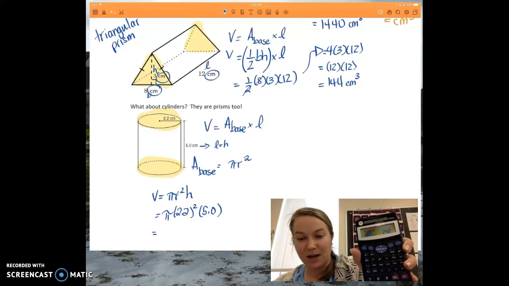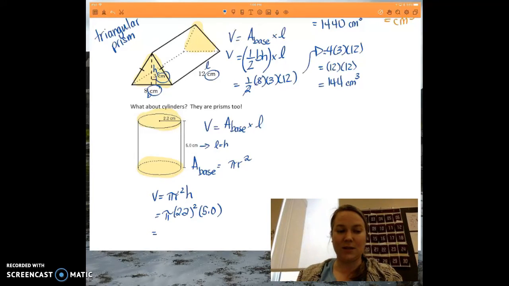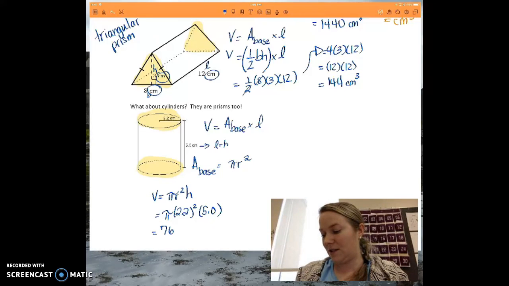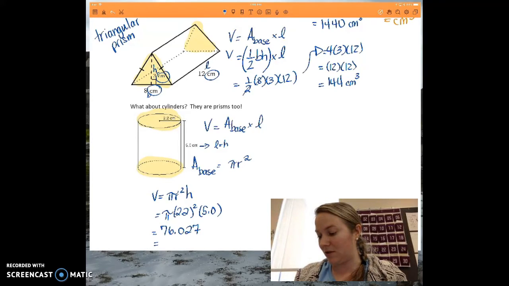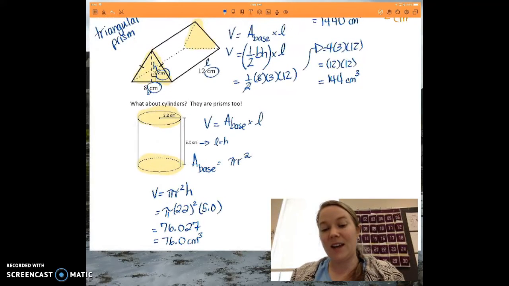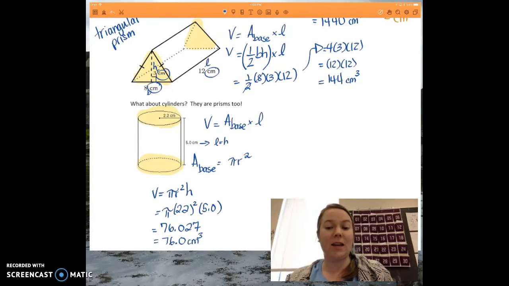Notice I'm using the pi button, you're supposed to be doing that. 76.027, and we have 1 decimal point in both of them, so I'm going to round to 1 decimal point, 76.0. It's in centimeters. It's a volume, so it's cubed. And that's how you do any and all prisms and cylinders.